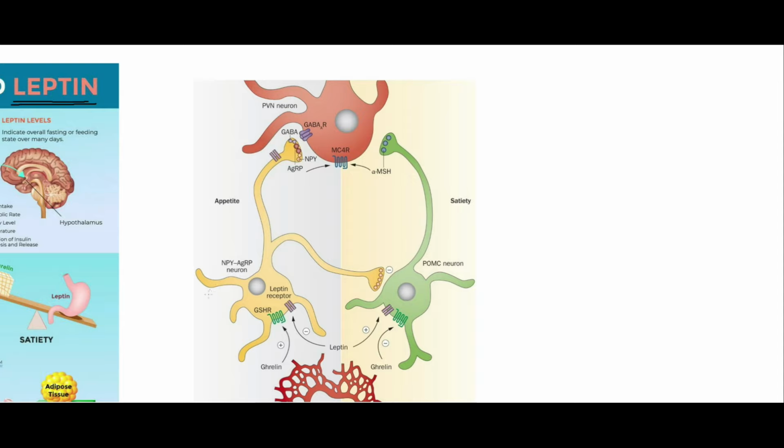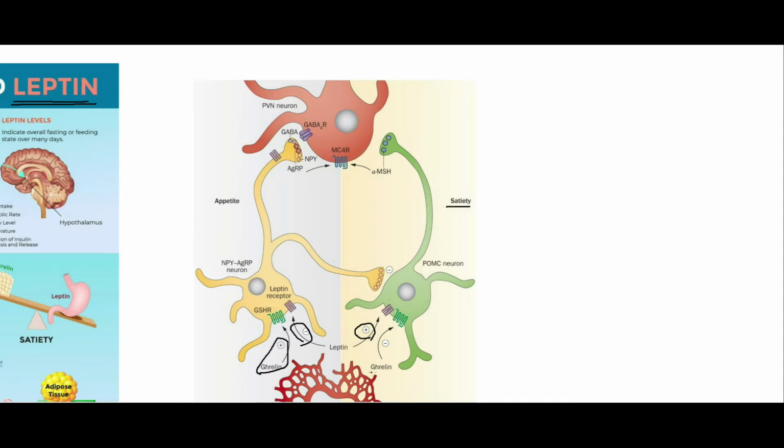And so the ghrelin activates, so that's why it has this plus here, these NPY-AgRP neurons, which are sort of the hunger neurons. And then leptin inhibits these neurons and it turns on these POMC neurons, which are involved in signaling satiety.